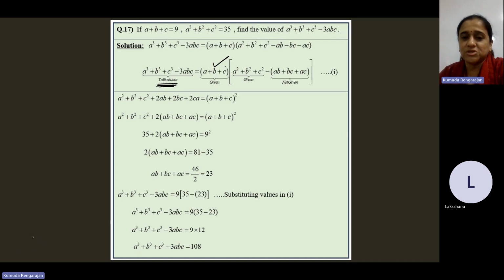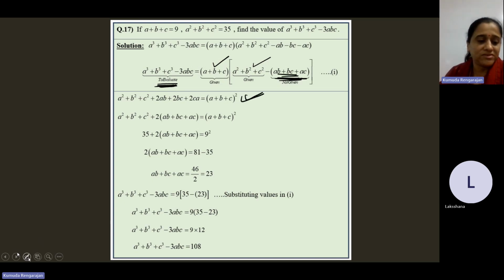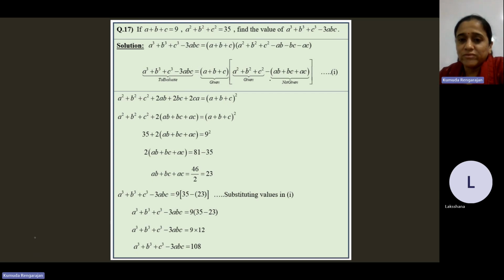The value of this expression is given. The value of this expression is given. To evaluate this one, we should know this one also, but this is not given. So we have to find the value of this expression using a different identity. And this is the identity that has the expression AB plus BC plus AC. So from which identity can you find the value of AB plus BC plus AC?